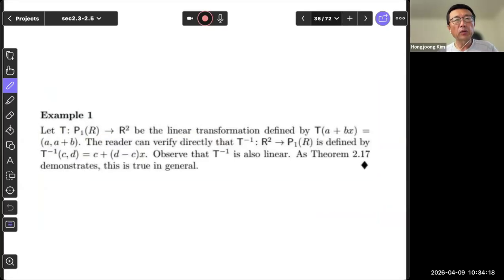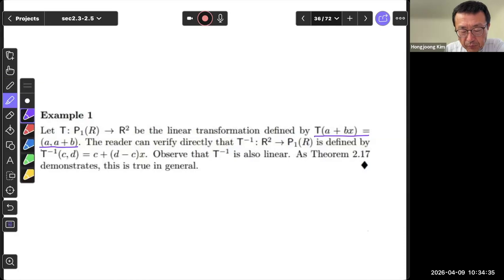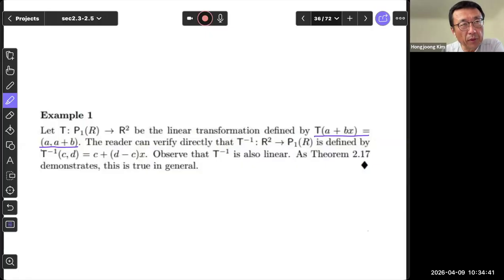And in example 1, we considered a linear mapping T which maps a plus bx to this pair of numbers. Then the example gave you a certain linear mapping which maps a pair of numbers c and d to this first order polynomial.